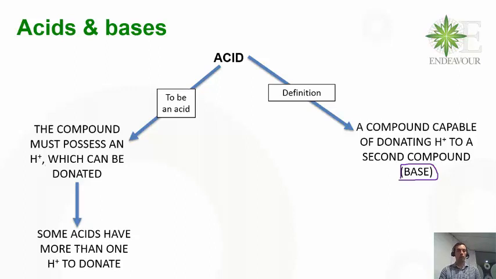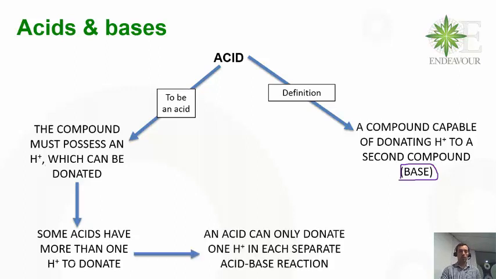Acids can have more than one H plus to donate. However, each acid-base reaction only allows one H plus to be donated. So what this means is that in a single acid-base reaction, only one H plus can be donated. Okay, so for example, if the acid had 3 H plus that could potentially be given away to base compounds, how many acid-base reactions would we need to give away all 3 of those H plus?